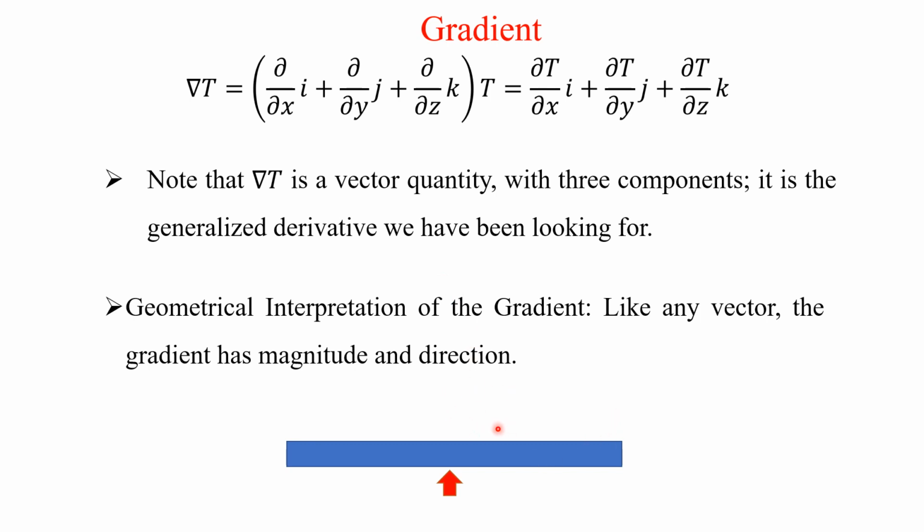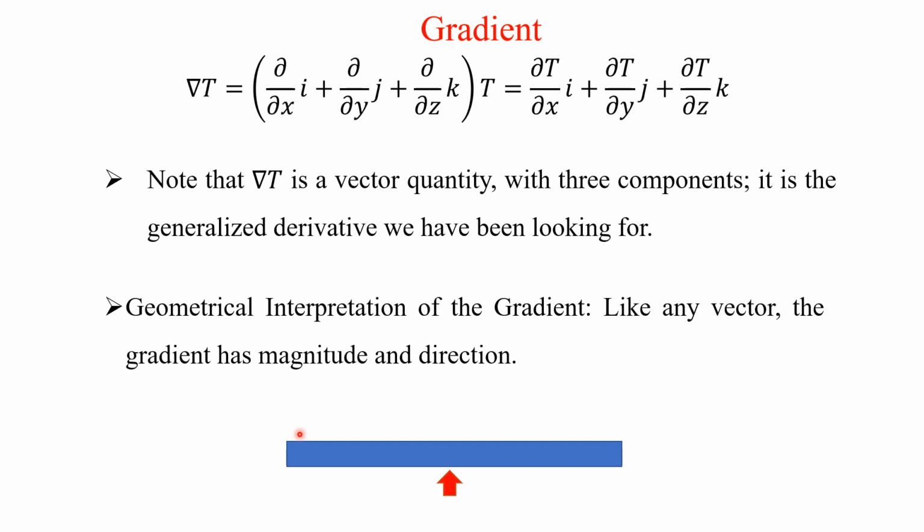If you take the temperature in this direction, or this way, or along the positive x-axis, the temperature depends on the direction. So if you make a del operator, you can take it in three dimensions. Assume that you have a room and the floor is uniformly heated with metal.